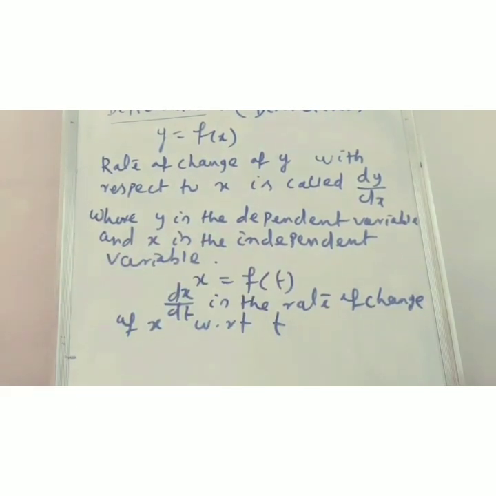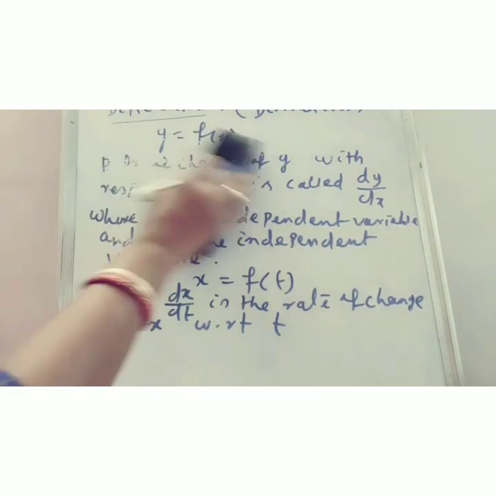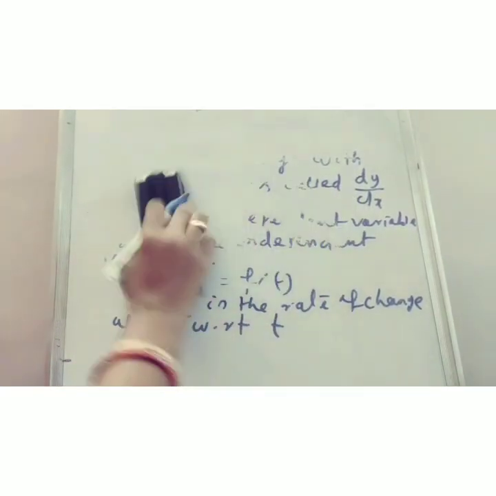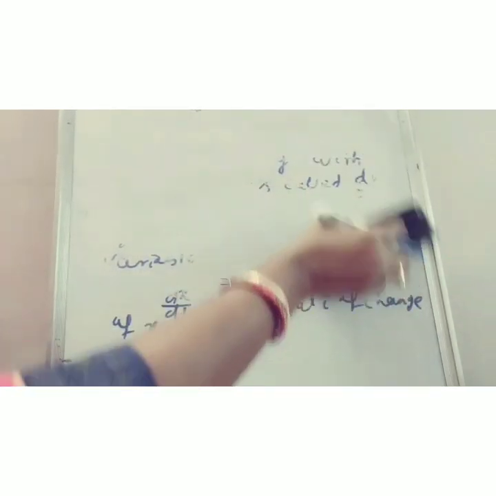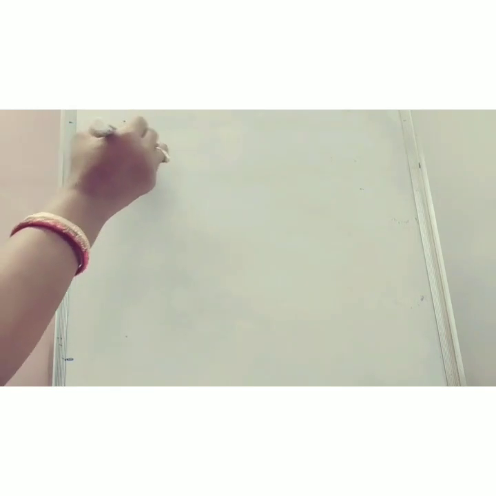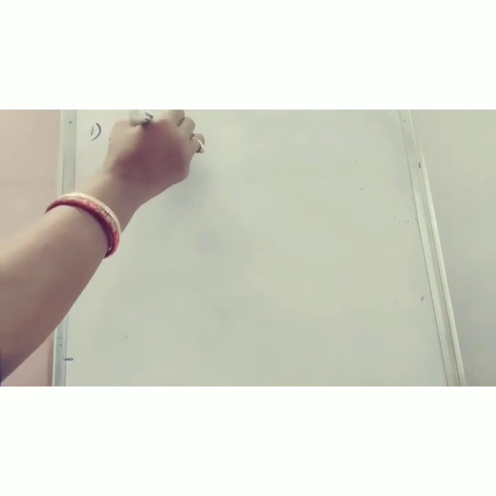So let us write some important formulas of differentiation, which you have already read in physics and in class 11th also. Number 1, what is d by dx of x to the power n?